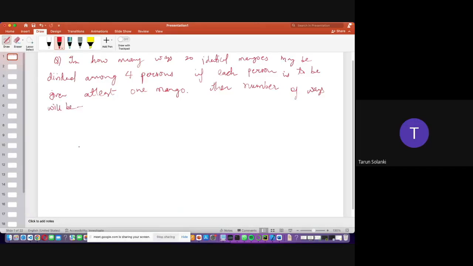Okay, so given 20 identical mangoes may be divided among four persons, meaning you'll have to write 20 plus 4 minus 1 C 4 minus 1, that is 23 C3, and that is 1771 ways.